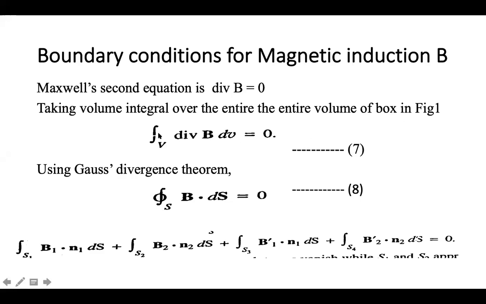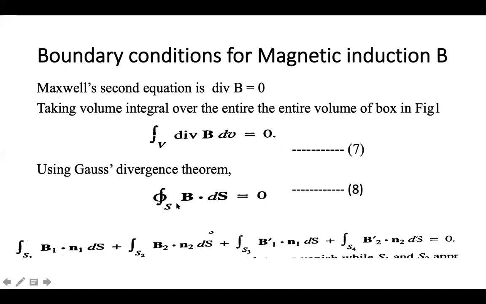So you take the integral over the entire volume, then divergence B dV is equal to 0. We use the same Gauss divergence theorem to change the volume integral to a surface integral. We get the integral of B dot dS is equal to 0. There, we divided D into 4 components with respect to the surface, so we'll do the same thing here.